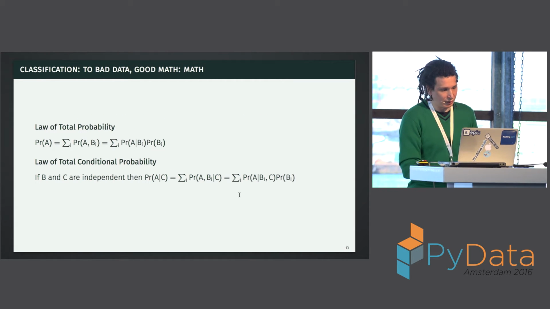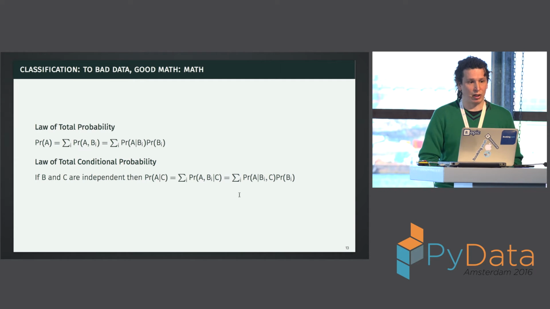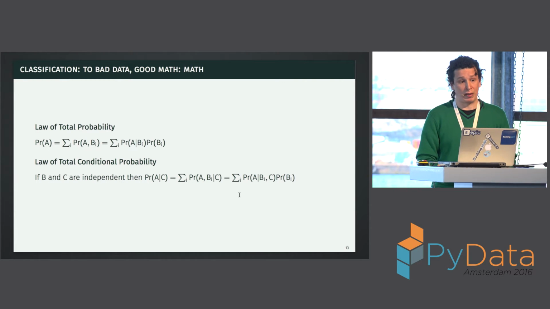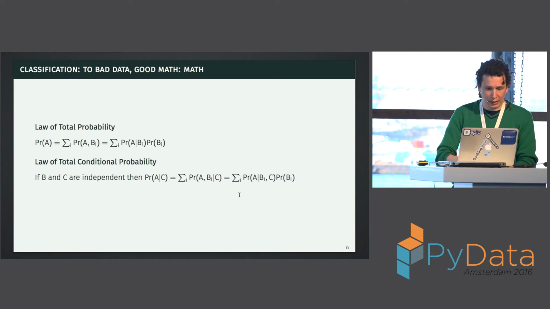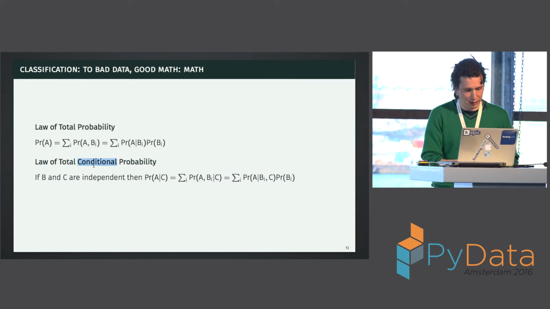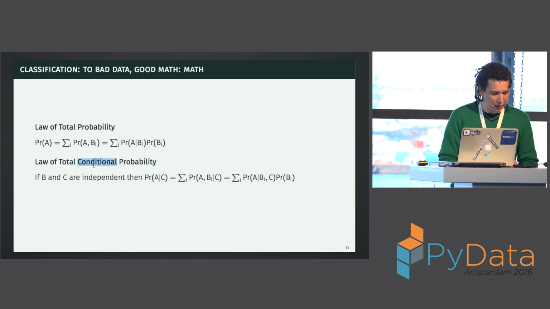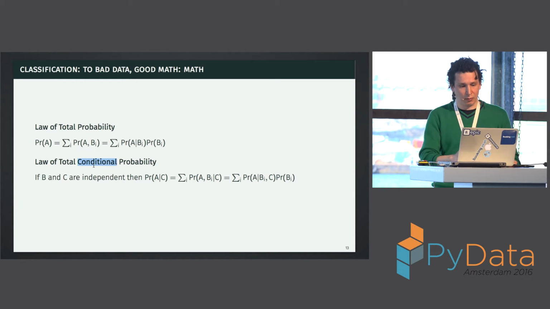Not rocket science. I hope you guys are familiar with the law of total probability, which allows us to express the probability of a random variable as a marginalization over some other random variable of our choice. But maybe not everybody will be that familiar with the law of total conditional probability, which is sort of the same, but we condition on C. Right?